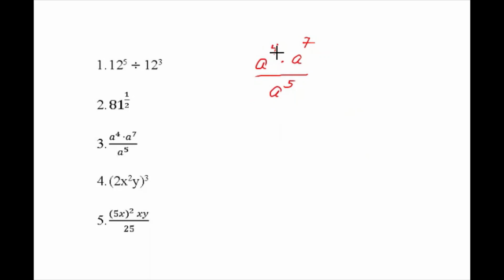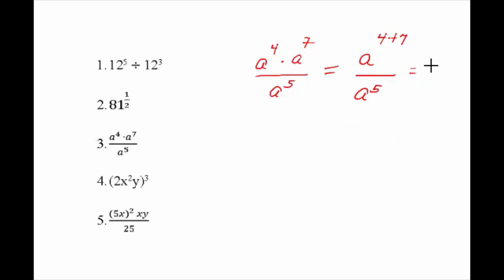So we're multiplying and then we're dividing. So when we multiply, we're supposed to add the exponent. So really and truly, this is a to the 4 plus 7, and then we're dividing by a to the 5, right? Which means you could then just subtract right here. But for now, let me go step by step.